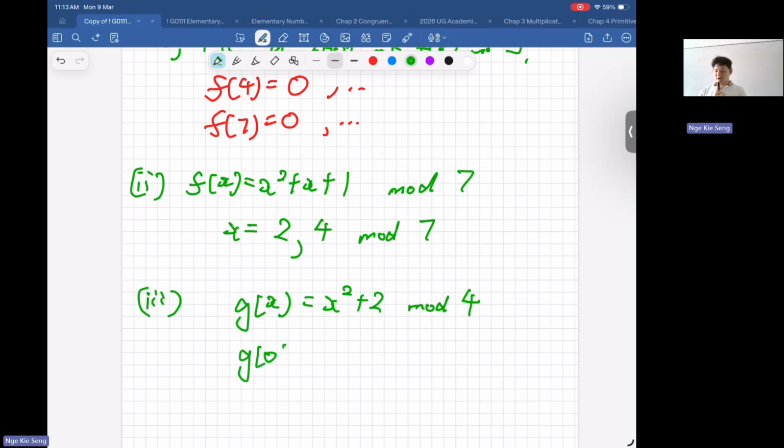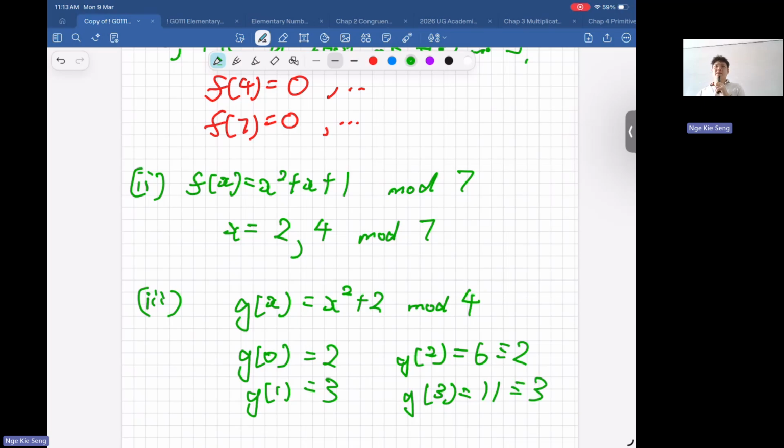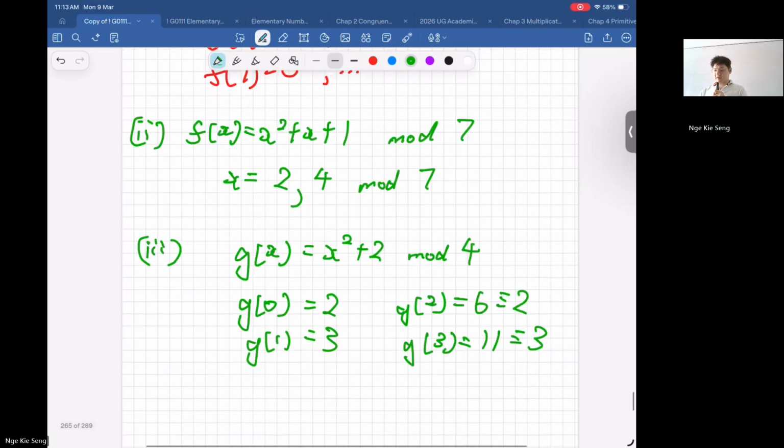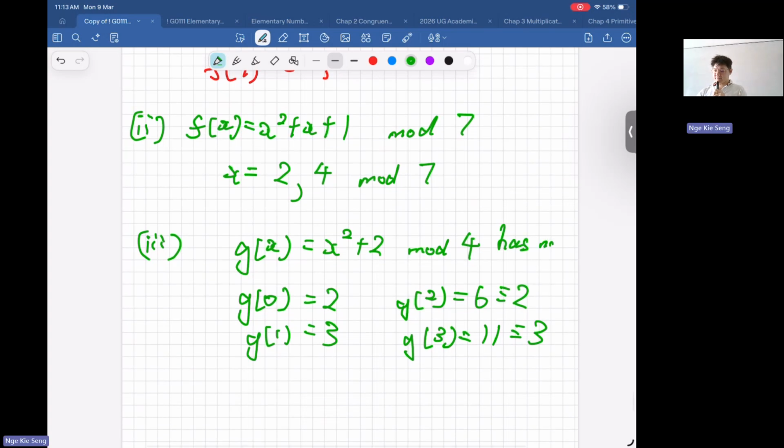If you put in g(0), you get 2. g(1), you get 3. g(2), you get 6, which is 2. And g(3), you get 11, which is 3. So no root.